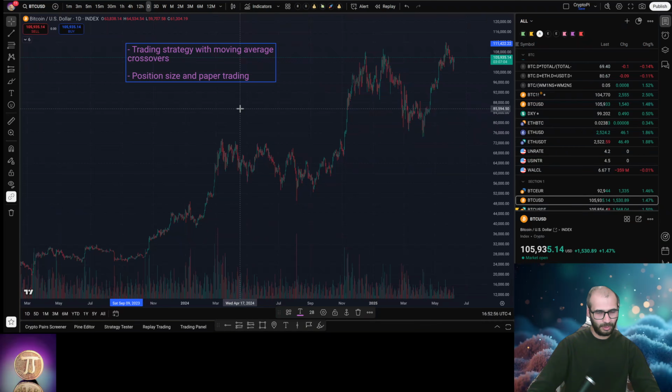Now, a workaround in this situation is to understand what a position size is. Position size is basically a percentage of the risk which a trader takes from the total amount of trading amount which they have dedicated.